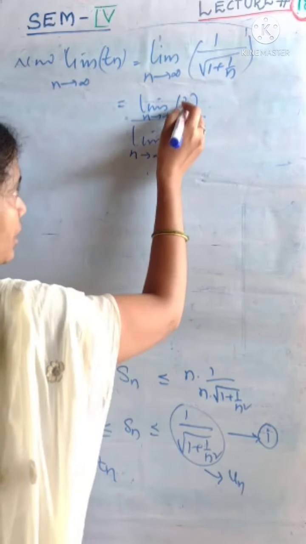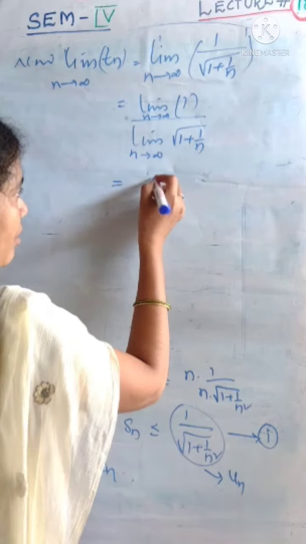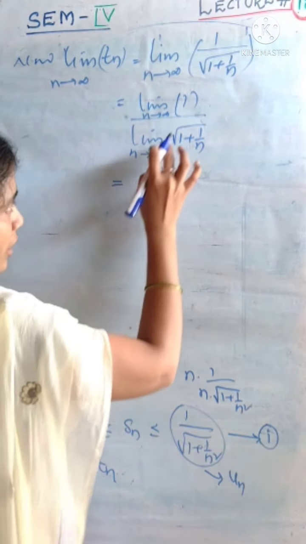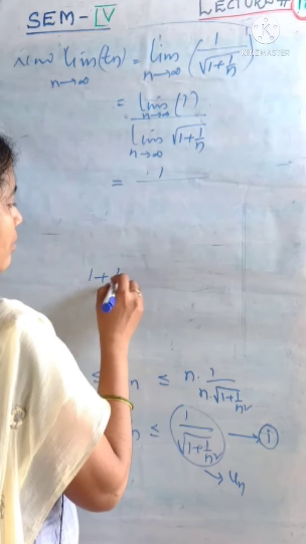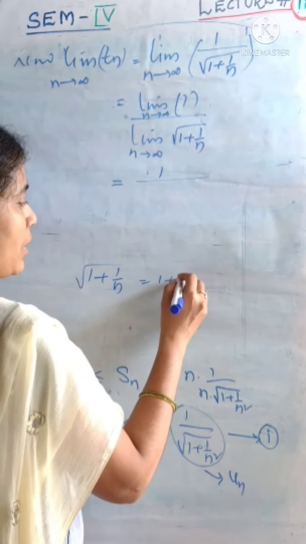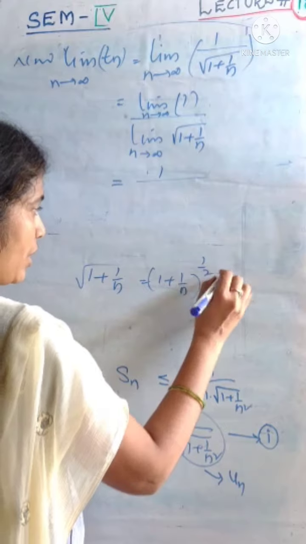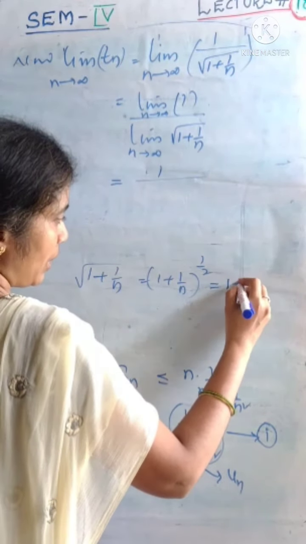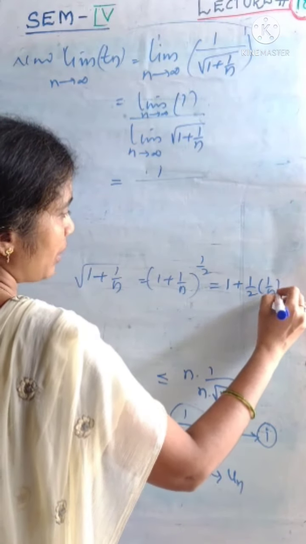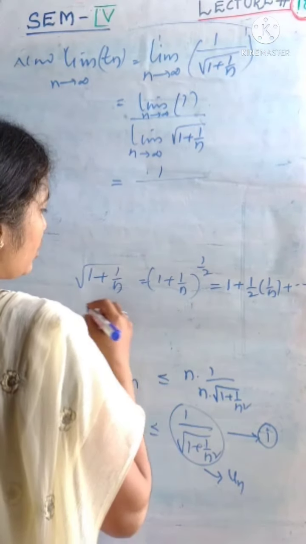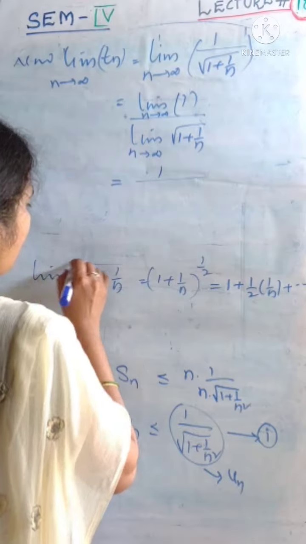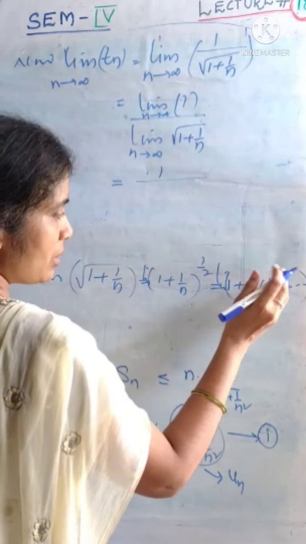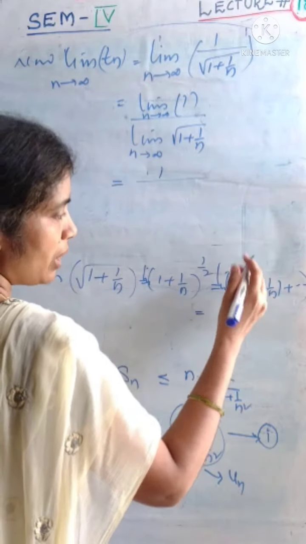Now observe that limit of 1, that is a constant, 1 is a constant, then limit of 1 is 1. Denominator: let us observe that square root of 1 plus 1 by n means 1 plus 1 by n whole power half. By applying binomial expansion we get 1 plus 1 by 2 into 1 by n plus and so on. To take the limit of this, limit of a plus b plus c can be written as limit of a plus limit of b and so on.